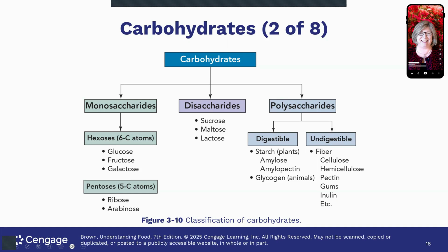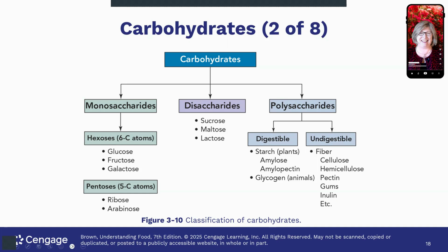I don't know if you've already had human nutrition, but if you have, you know that we have to get our food broken down to the smallest possible unit so it can be taken up through the bloodstream to the cells. That's a whole process, and that's what you study in human nutrition.